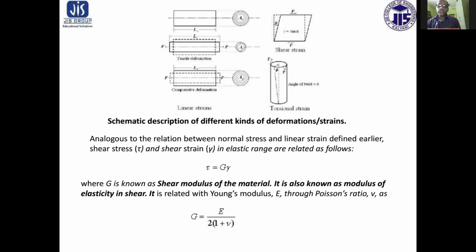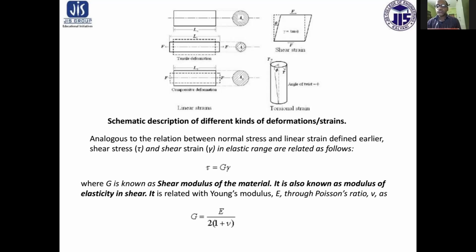Analogous to the relationship between normal stress and linear strain defined earlier, shear stress and shear strain in the elastic range are related as follows: tau is equal to capital G times gamma, where G is known as the shear modulus of the material.